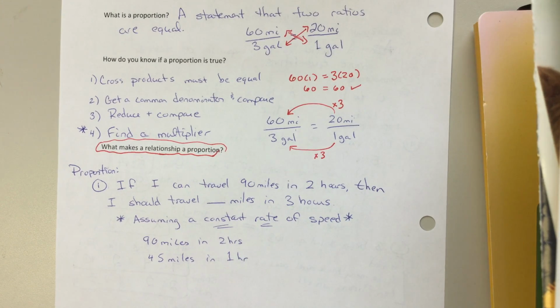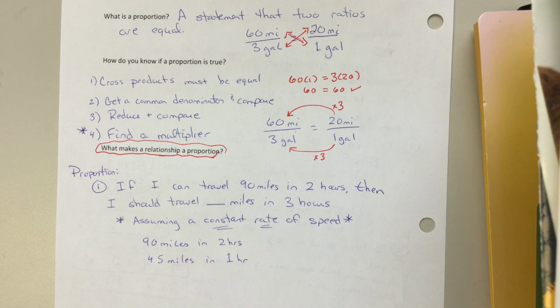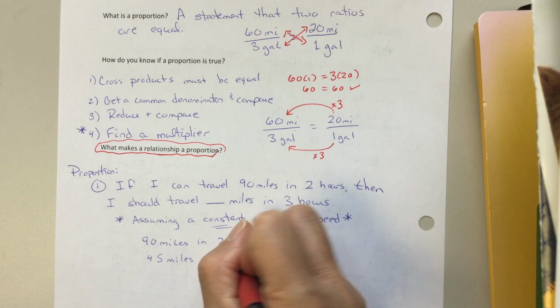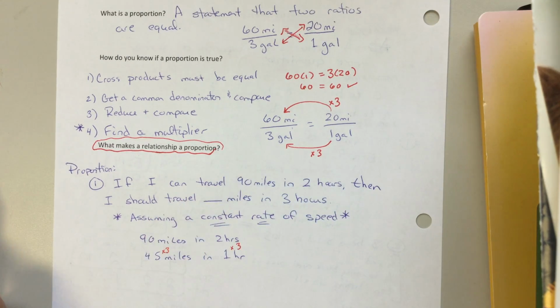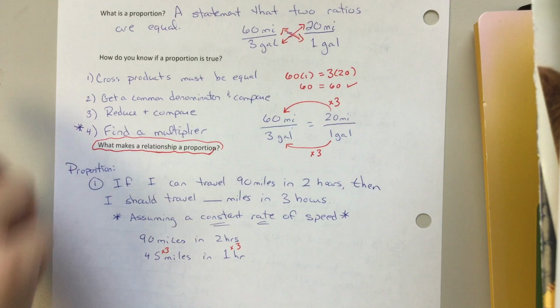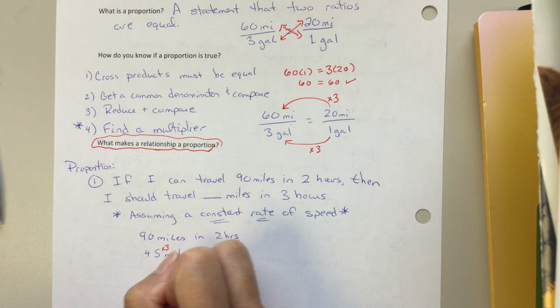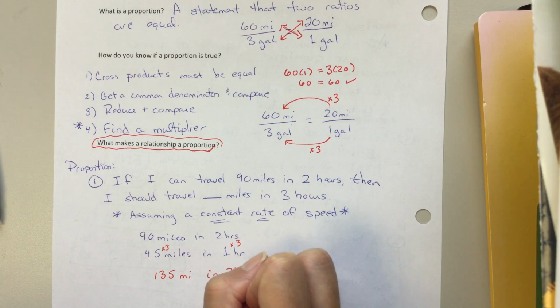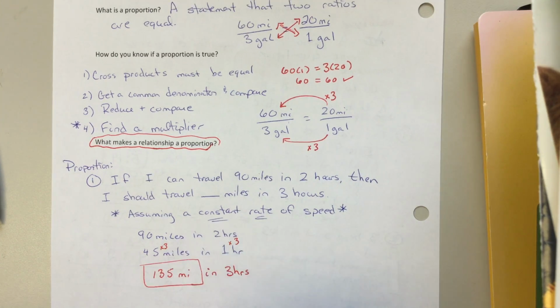So you're basically reducing it, even though you're not writing it as a fraction. So that would make sense. So then if I wanted to figure out 3 hours, I could just triple both of these. So there's that multiplier of 3. And that would give me a total of 135 miles in 3 hours. So that would answer my question for sure.